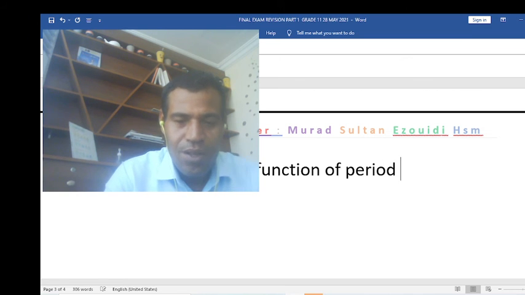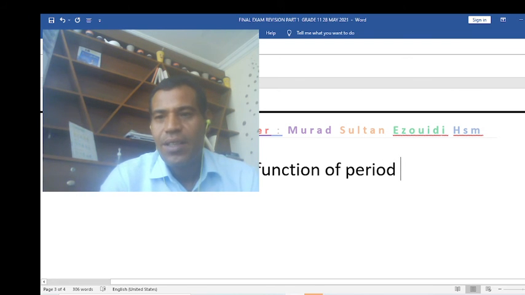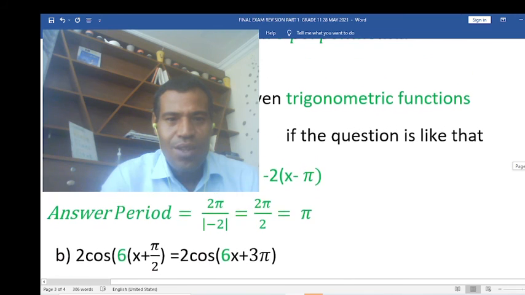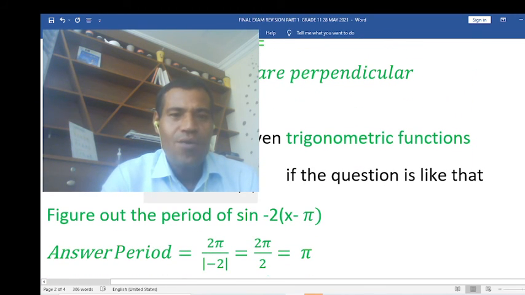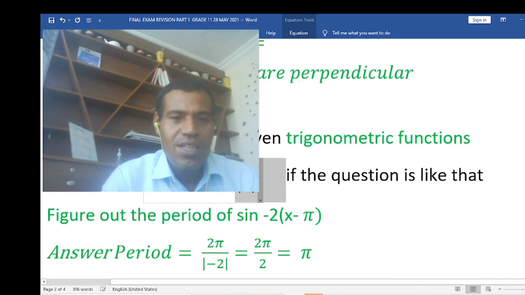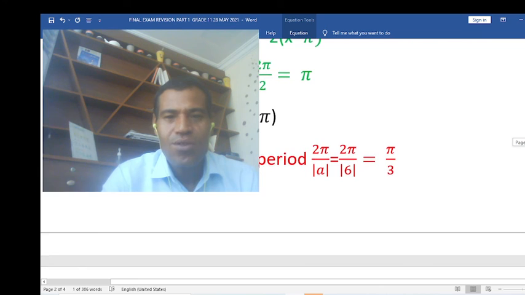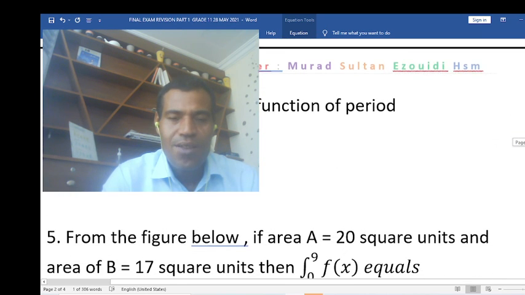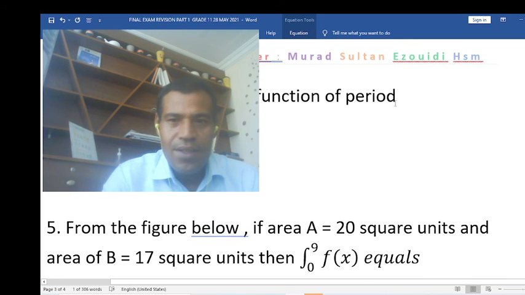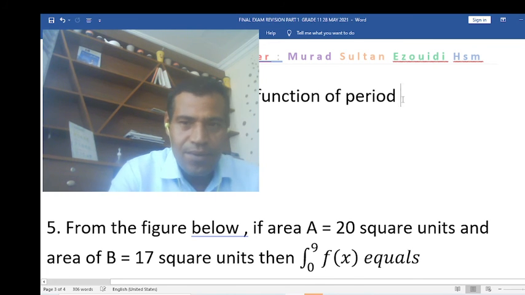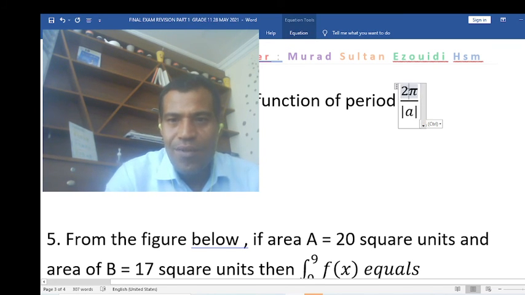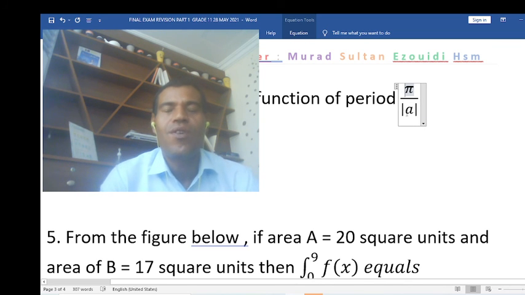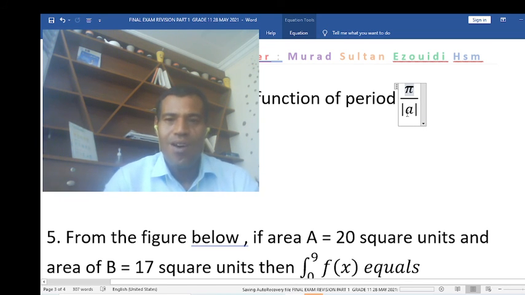What is the period, learners, kids and girls and boys? We told from the beginning that for tangent the period is pi over the magnitude of a, the absolute value.